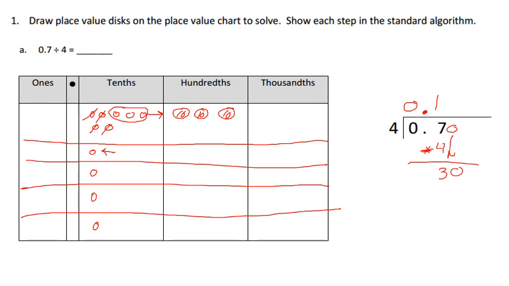Now we're going to split this 30 up into our 4 different rows, which would be 1, 2, 3, 4, 5, 6, 7, 8, and so on up to 28.